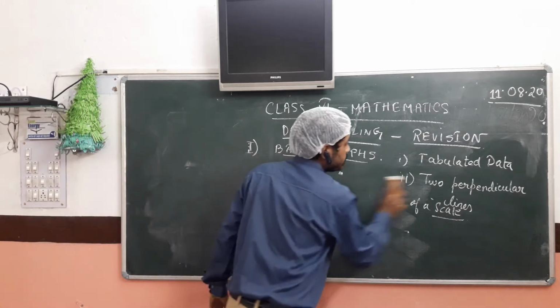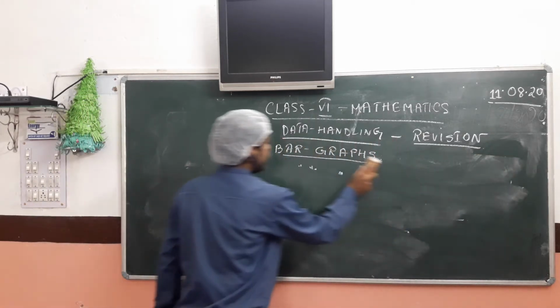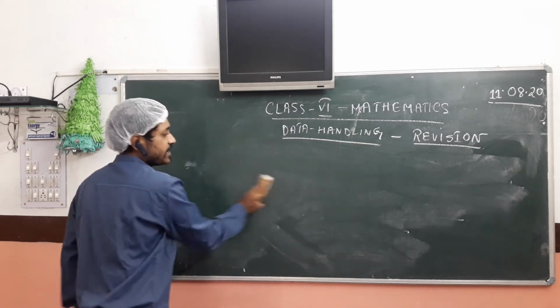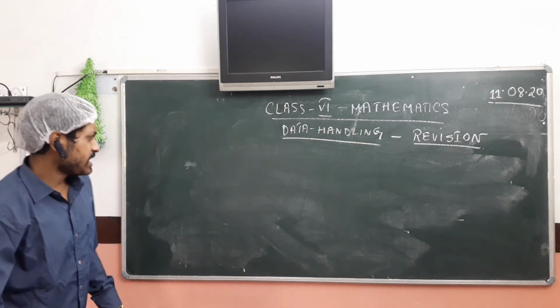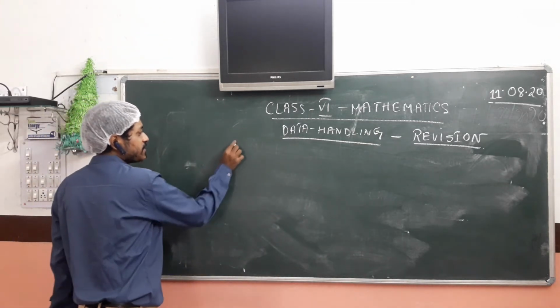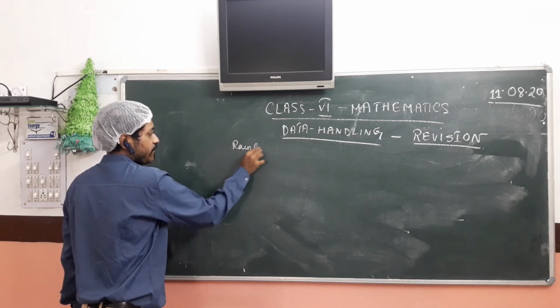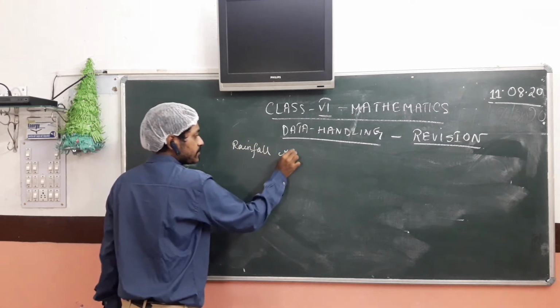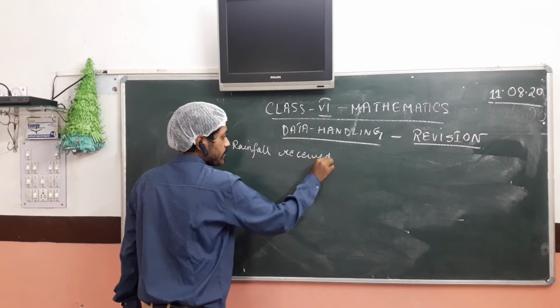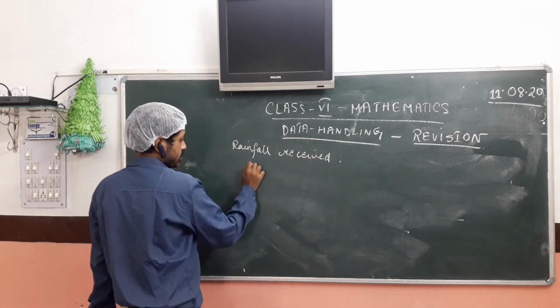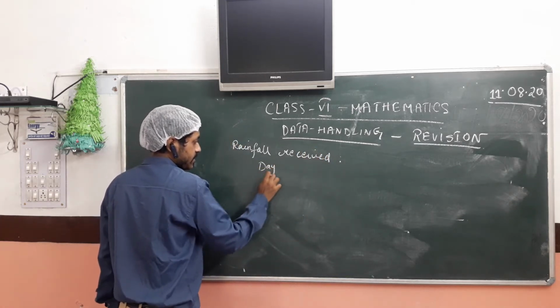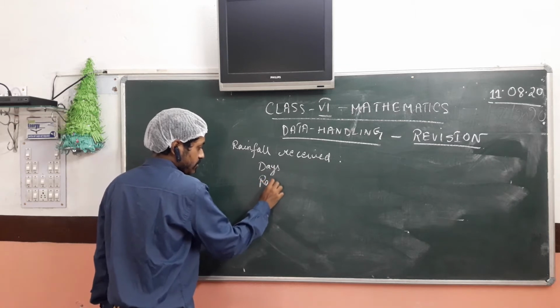Now how to draw? Let us consider a set of tabulated data. Say the amount of rainfall received for 3 days. Say days and rainfall.